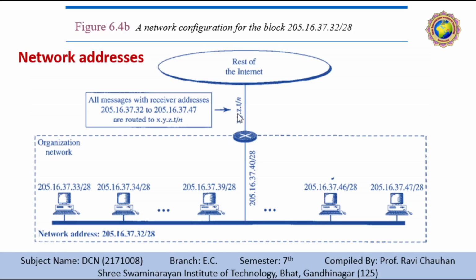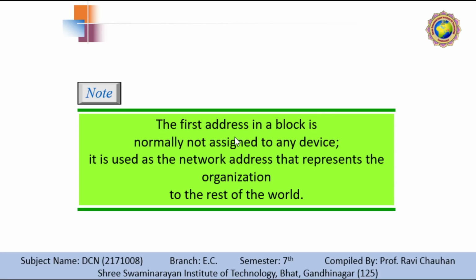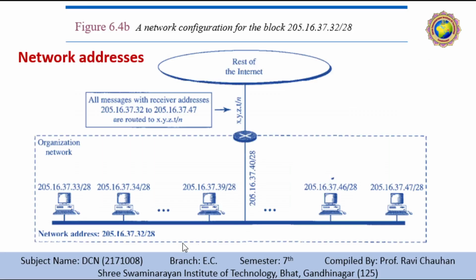We say directly or indirectly because we do not know the structure of the network to which the other side of the router is connected. The first address in the block is normally not assigned to any device. It is used as a network address that represents the organization to the rest of the world. So, okay, you can see over here, the first address is not used by any other device.